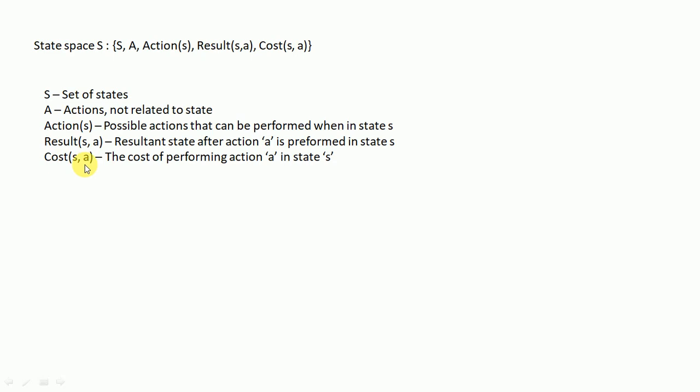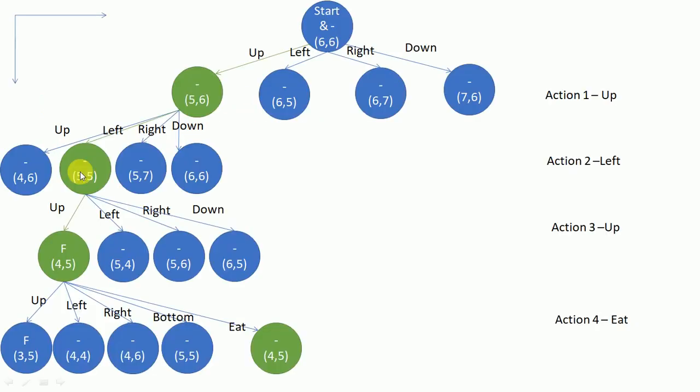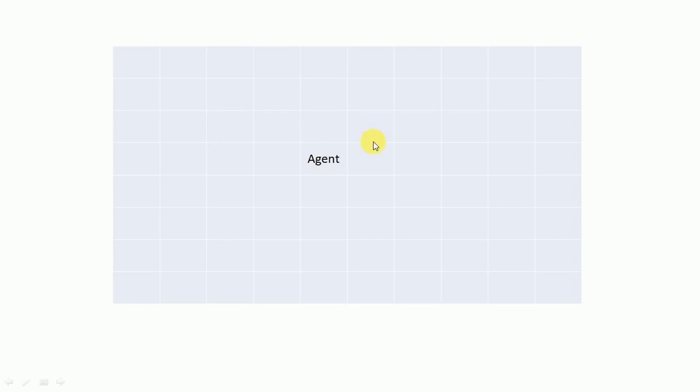We'll come back to this later, but the agent might incur a cost of moving from one cell to another, right? And as you want to minimize the number of cells that the agent travels, we need to give an incentive to the agent to reduce the number of steps he takes.